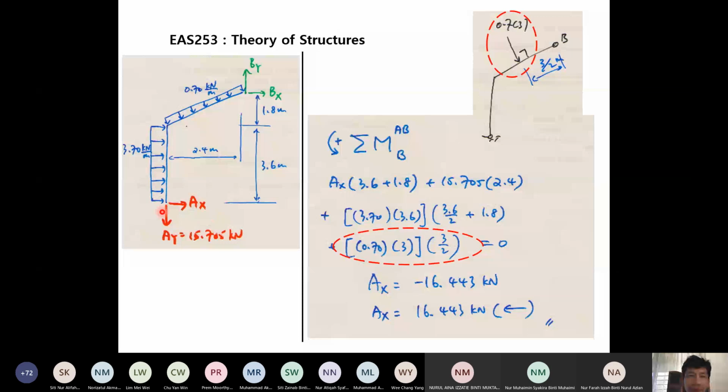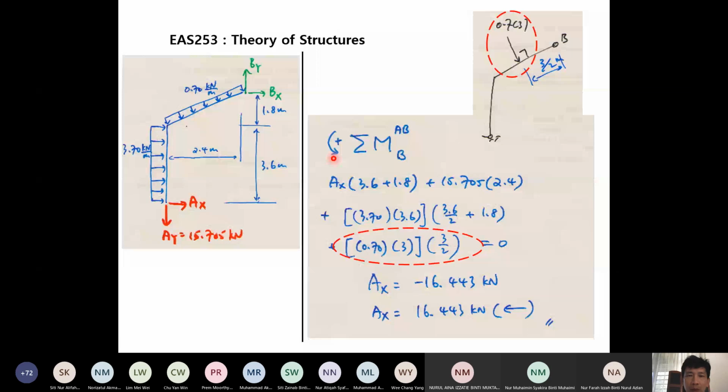The perpendicular distance to B will be 3.6 plus 1.8. And the second one, 15.705. So the perpendicular distance will be 2.4. And we take counterclockwise as positive, so this is causing counterclockwise, this is also causing counterclockwise moment at B.